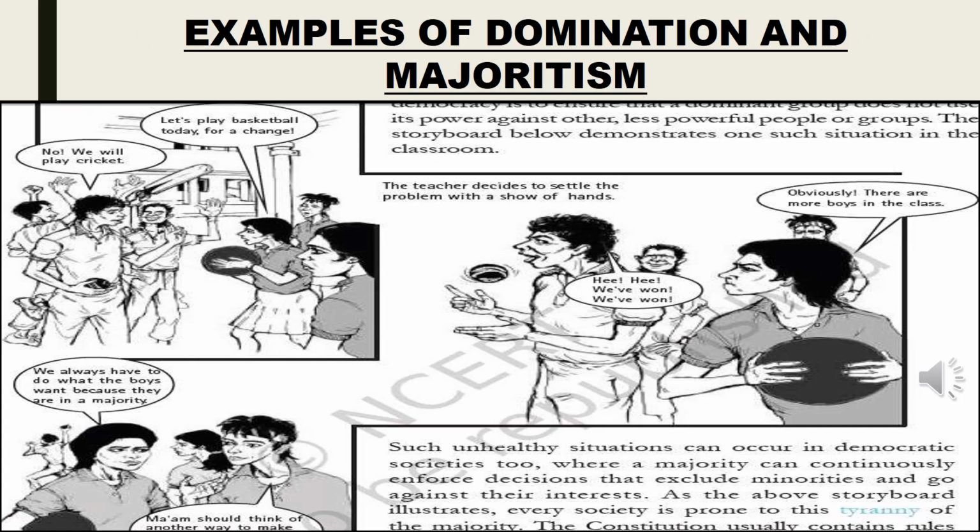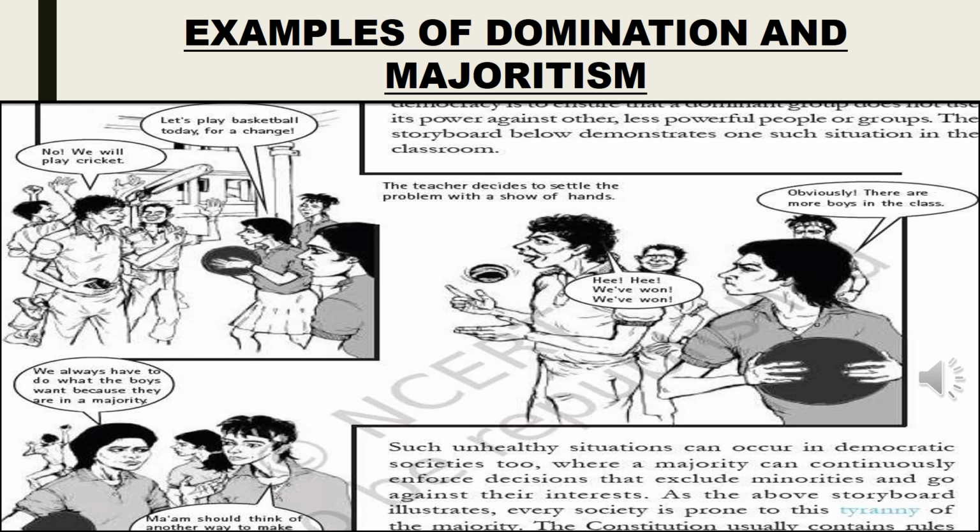Another important function that a constitution plays in a democracy is to ensure that the majority or the dominant group does not use its power against the less powerful people or the minorities. You can see another storyboard where boys and girls of the class want to play two different games, but unfortunately boys won because they are in majority.